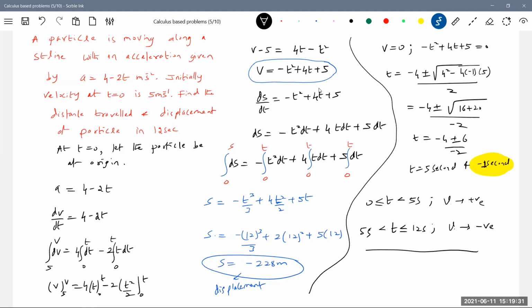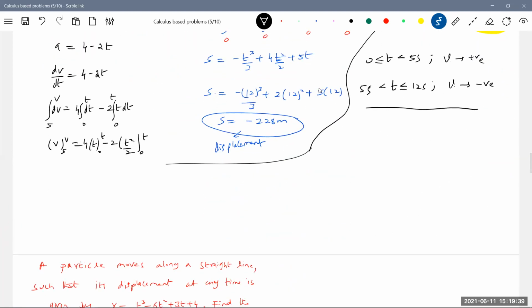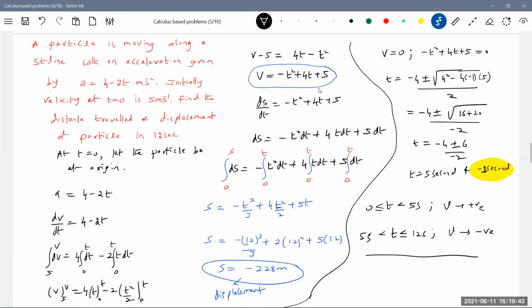The distance count. So I'm just going to take the help of this equation: ds is equal to integral of v dt. I'm going to break it up. Everything we are going to do here. So let's have that equation v equal to.